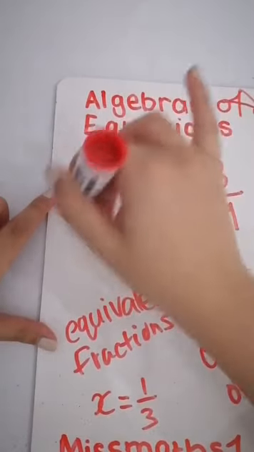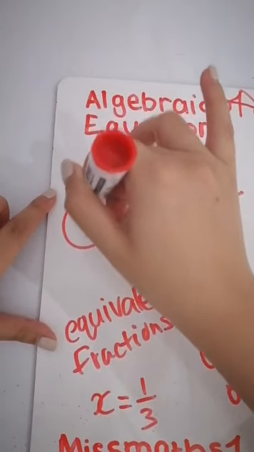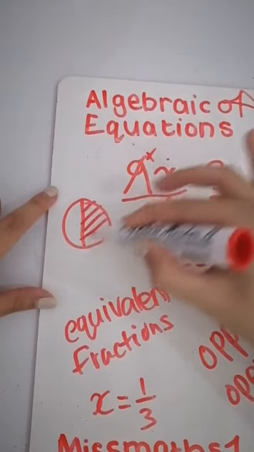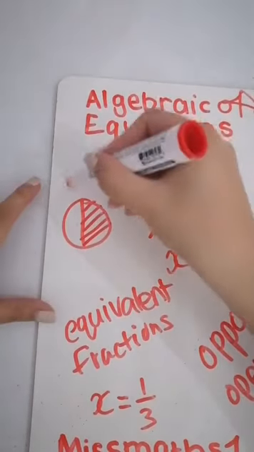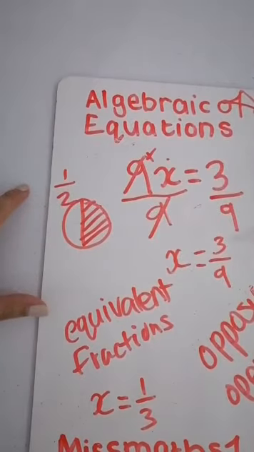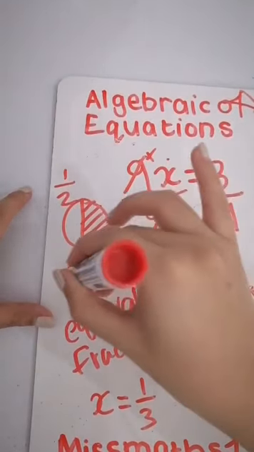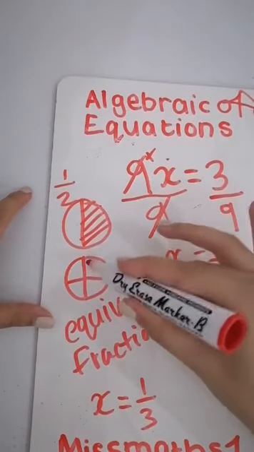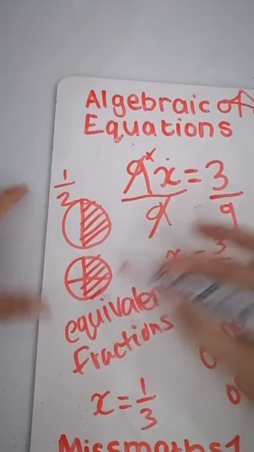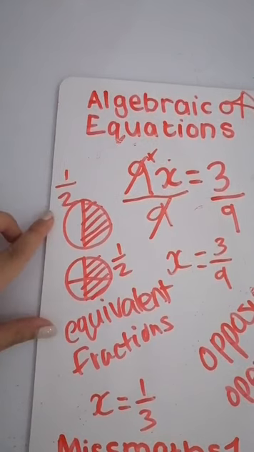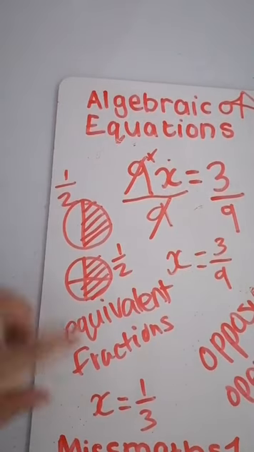If I have a pizza and I cut it in half, and I eat a half of a pizza, then technically I'm eating 1 out of 2 slices of a pizza. But now suppose I'm eating a pizza and it's cut into 4 slices and I eat 2 of them. Do you see that this is still half of a pizza? So despite the fact that these fractions look different, they are equivalent. So this brings us to equivalent fractions.